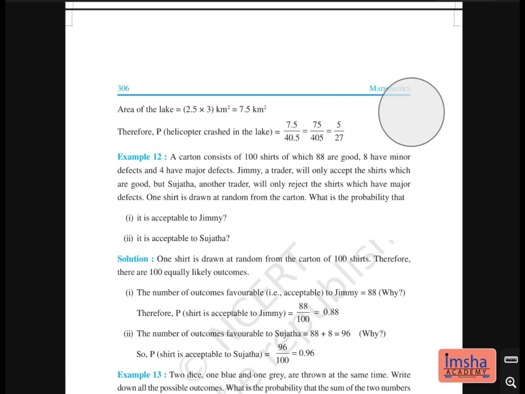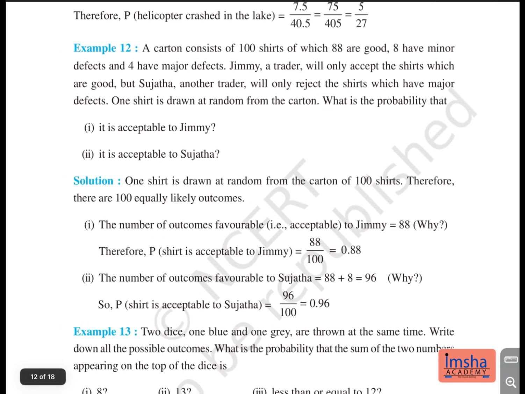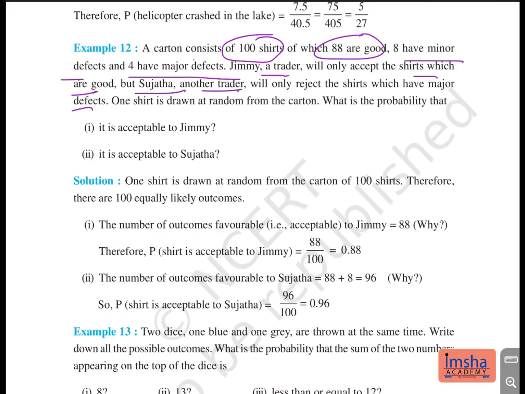Next question. A carton consists of 100 shirts, of which 88 are good, 8 have minor defects and 4 have major defects. Jimmy, a trader, will only accept the shirts which are good, but Sujata, another trader, will only reject the shirts which have major defects. One shirt is drawn randomly from the carton. What is the probability that it is acceptable to Jimmy and it is acceptable to Sujata?